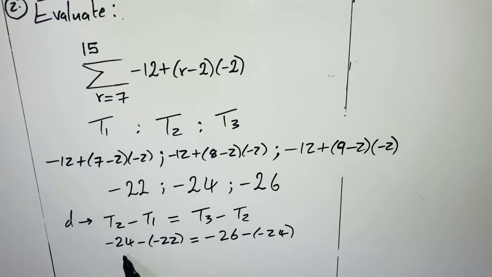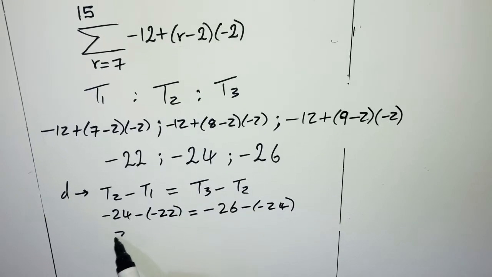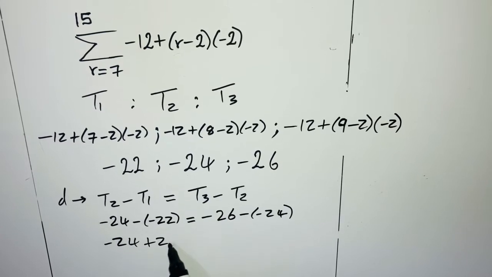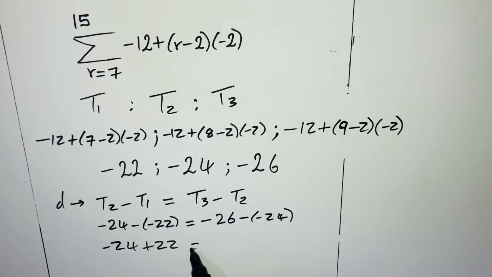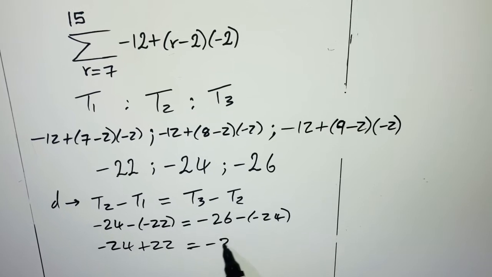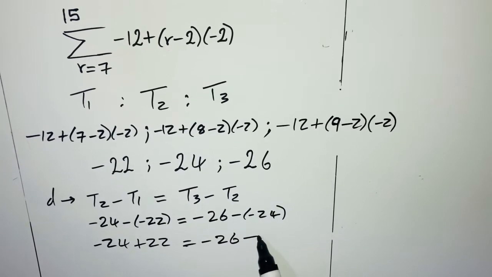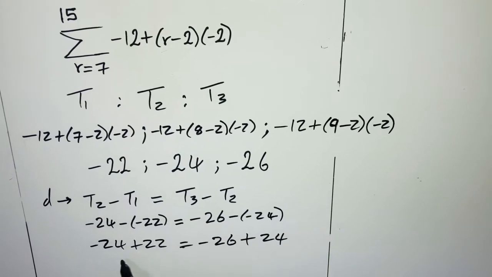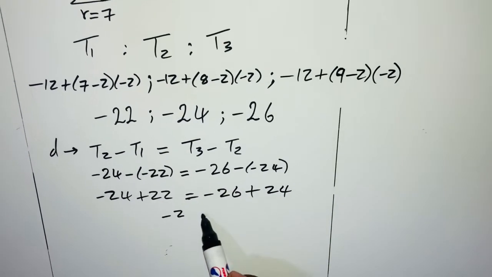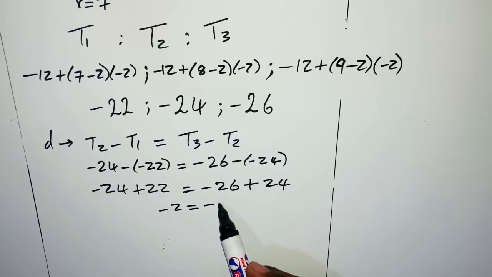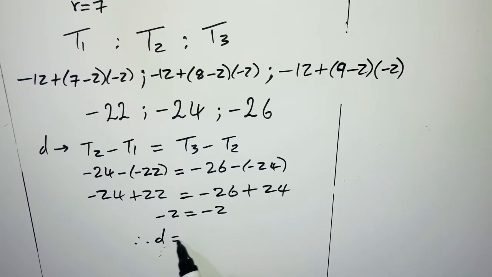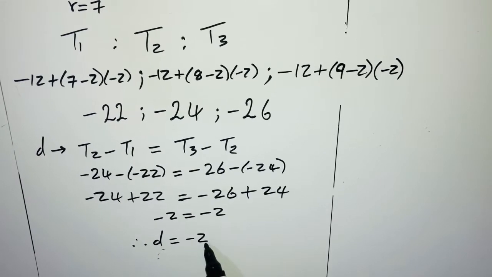Then this will give negative 24 plus 22. This side is negative 26 plus 24. This side will give negative 2 equals negative 2. Therefore, I conclude my D is equal to negative 2.